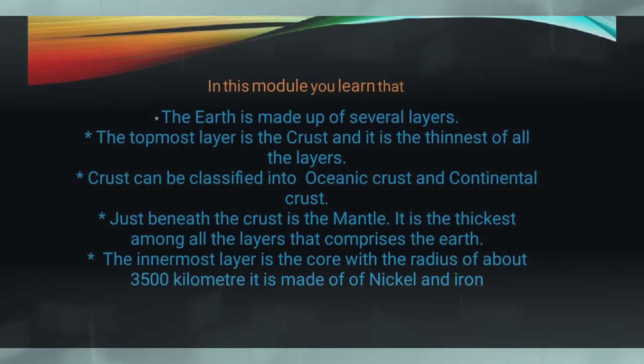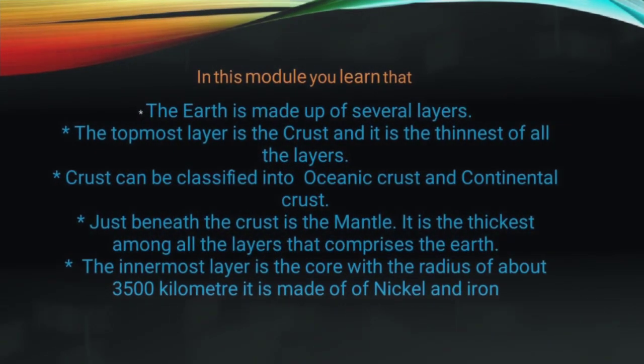In this module, you learned that the earth is made up of different layers. The topmost layer is called the crust, and it is the thinnest of all the layers. This can be classified into oceanic crust and continental crust.